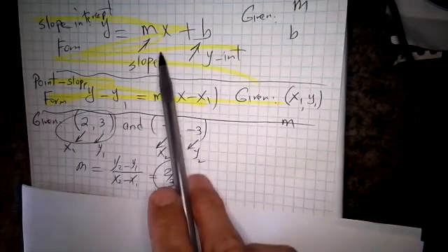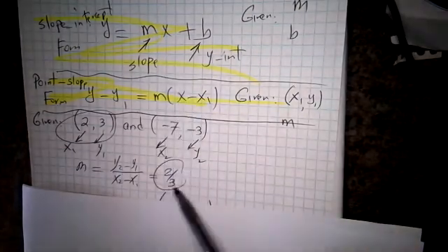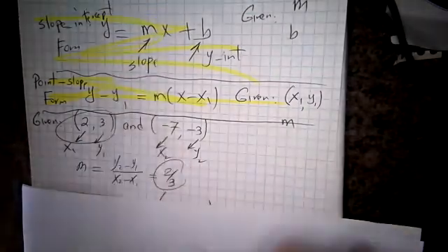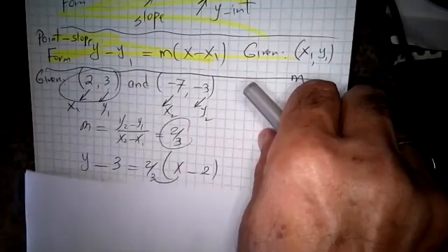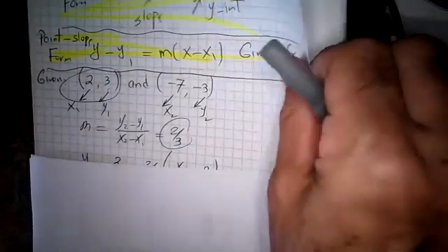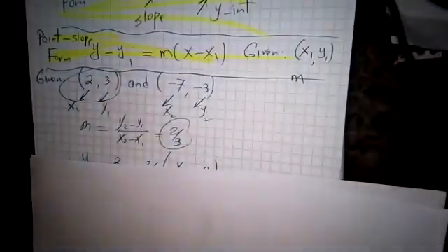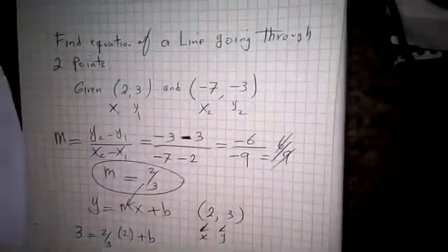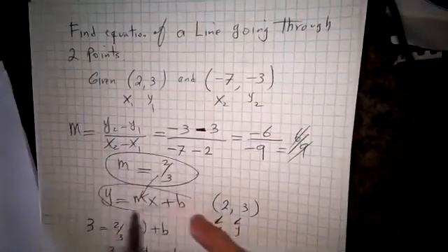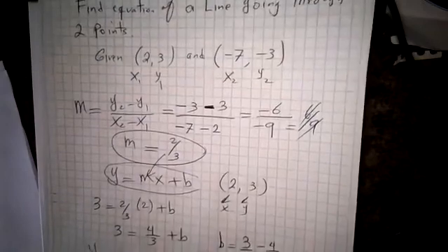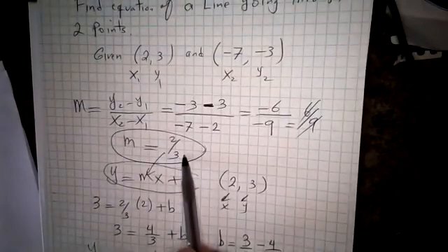Now I want to use these equations. I'll put that 2/3 in here. First, I want to use y equals mx plus b. I want to show you this one first. So m is 2/3.